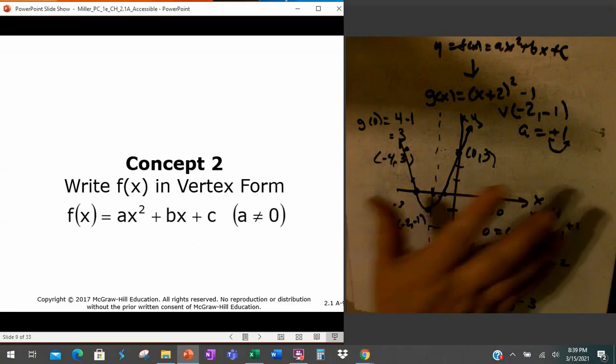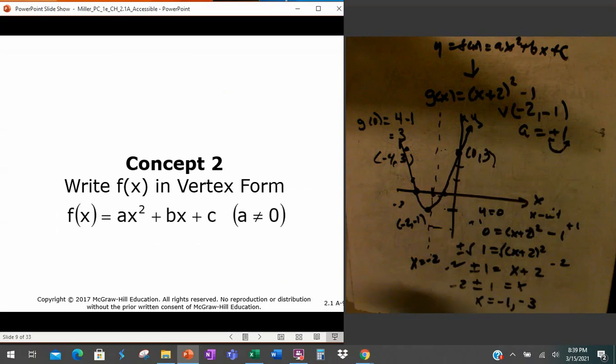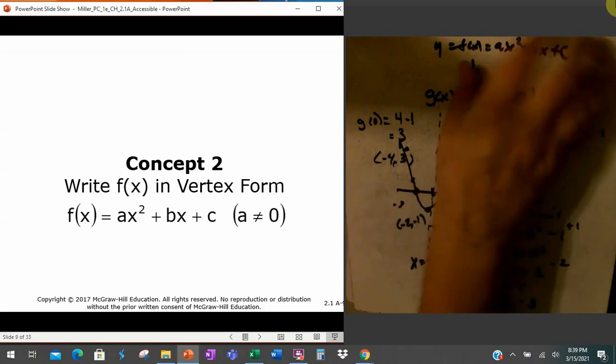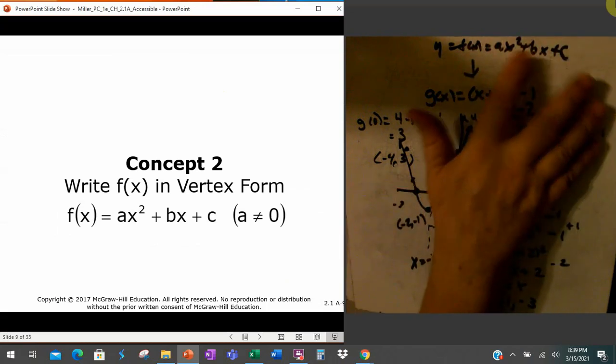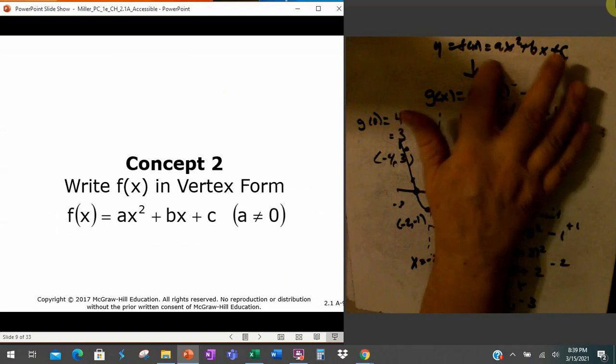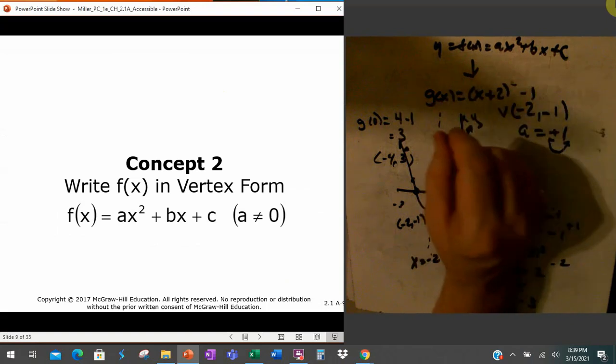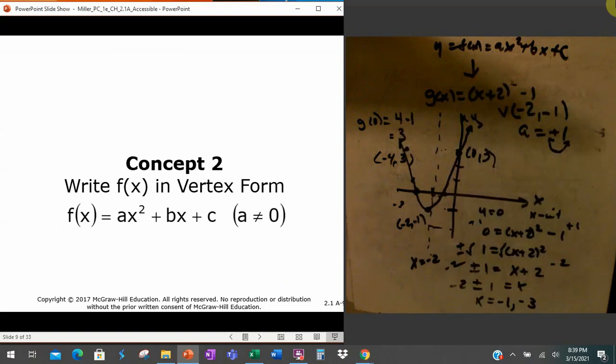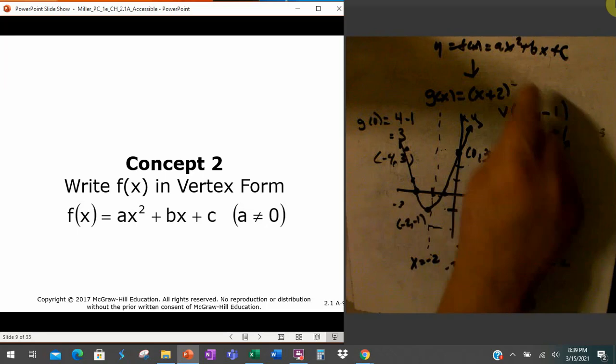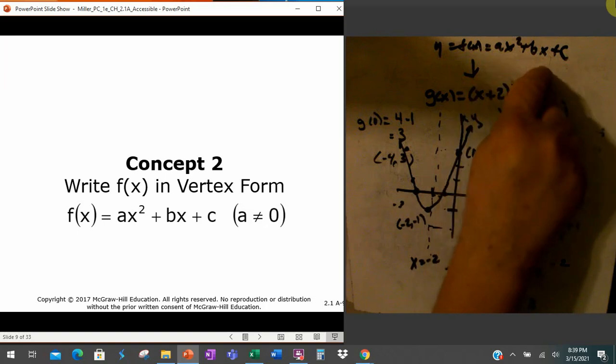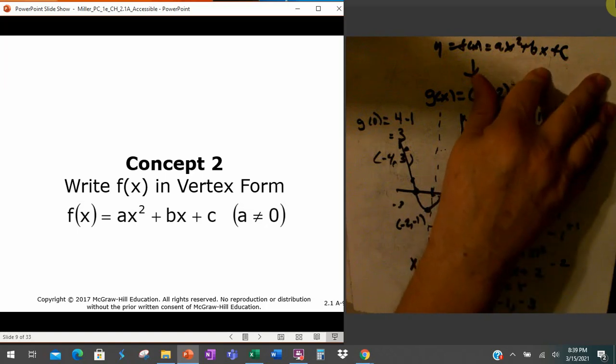So what if we're not given this? We're given it in another form, and this is the more common form of a polynomial. Quadratic is a form of polynomial. We'll talk more about that next time. But this is very hard to graph the way it stands.